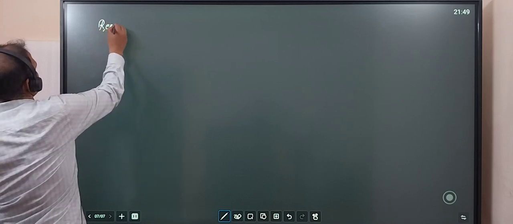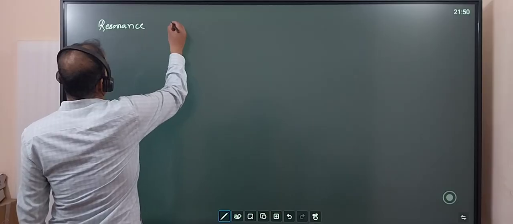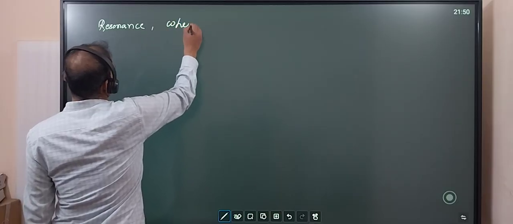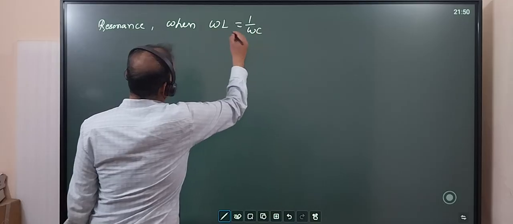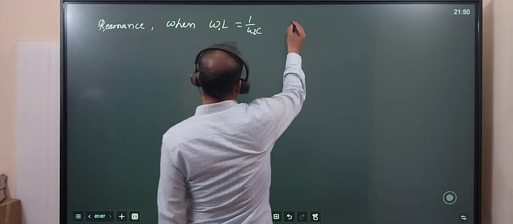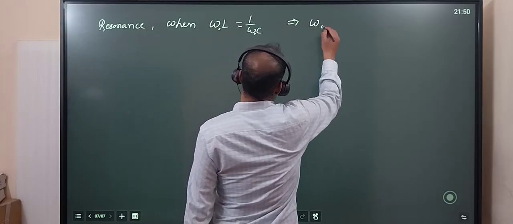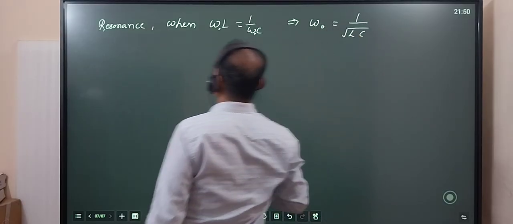Resonance happens when omega L is 1 by omega C. We have this particular frequency at which both are equal, and this frequency is 1 by root LC.